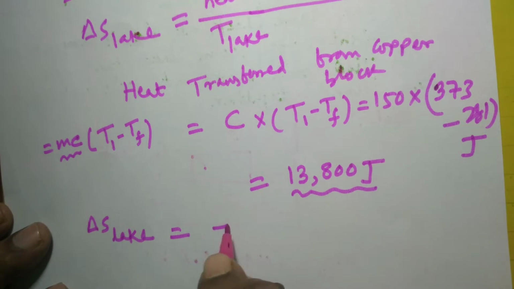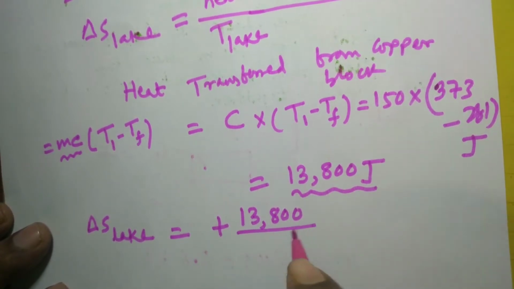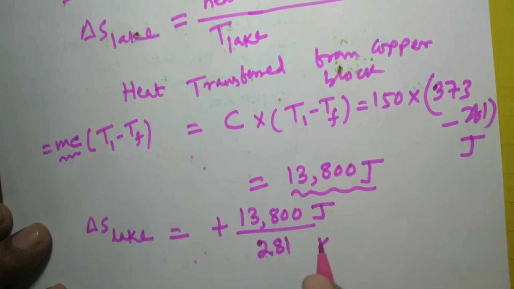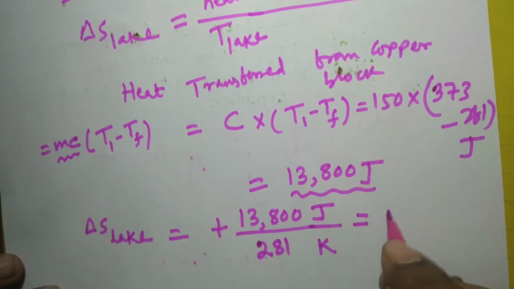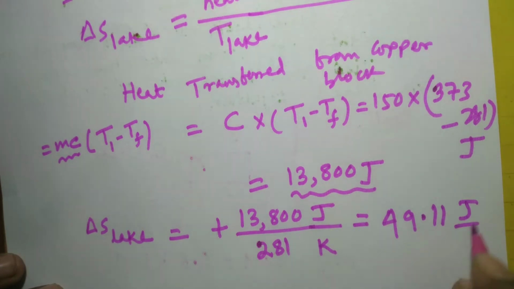So to calculate delta S of the lake, this heat will go to the lake. So plus 13,800 divided by the temperature of the lake, 8 degrees Celsius, which in Kelvin is 281. This is joule, this is Kelvin, and this becomes 49.11 joule per Kelvin.